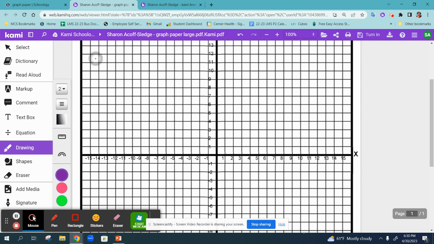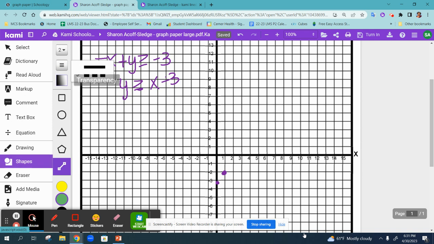Okay, the last set, minus x plus y is greater than or equal to a negative 3. I'm going to solve that one for y by adding x to both sides. So that one's going to be a solid line. And this next one, let me go ahead and graph that. Minus 3 and then 1, 1. And that's going to be a solid line. Let me do solid.